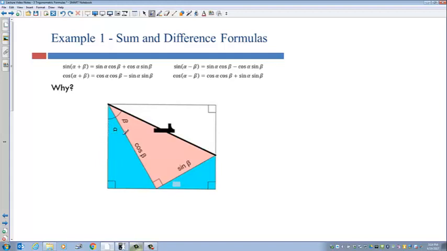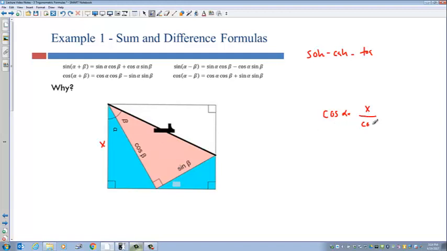Well, what you want to notice is we can set up a little ratio. We can say the cosine of alpha, so here's alpha right here, is equal to the adjacent side, let's just call it x, over the hypotenuse, because of this SOHCAHTOA business we've been doing.